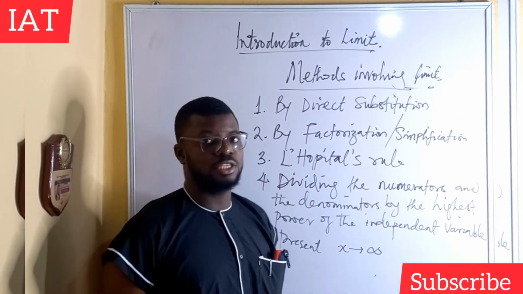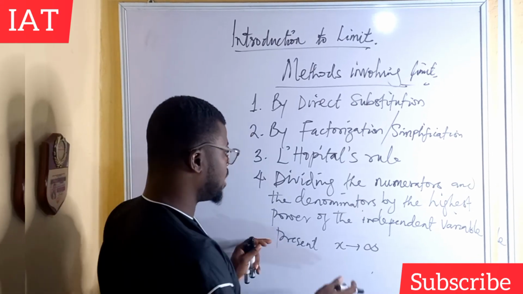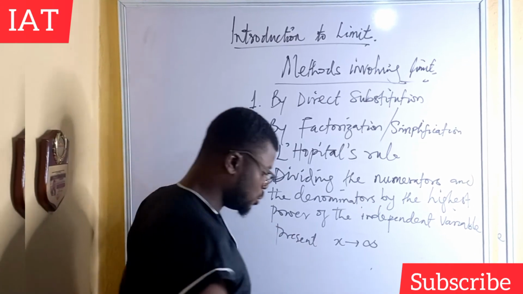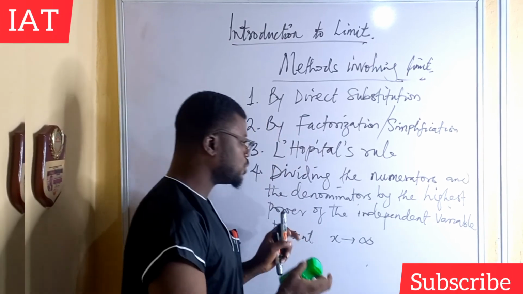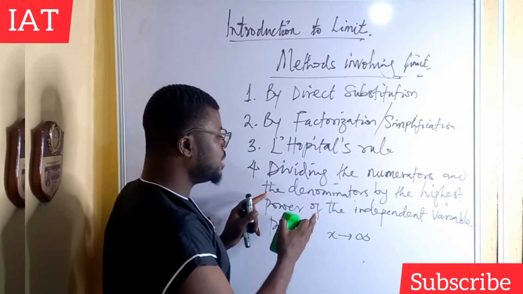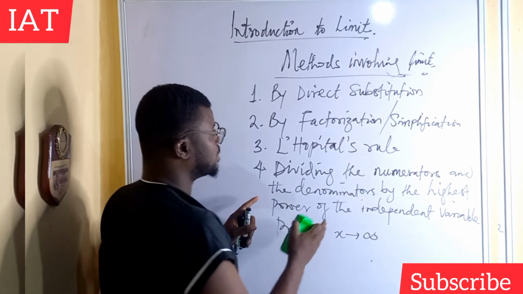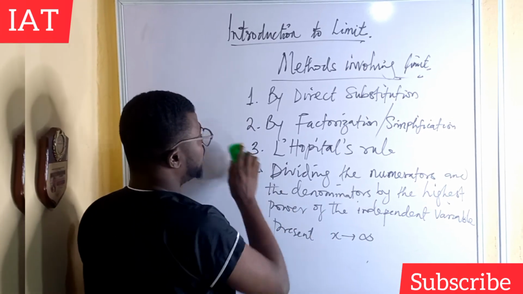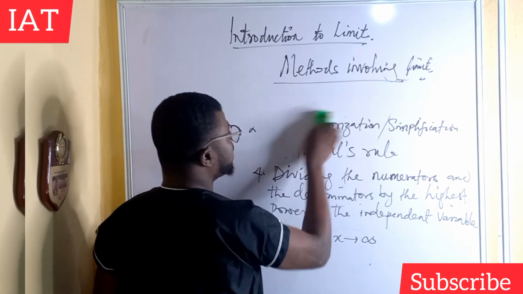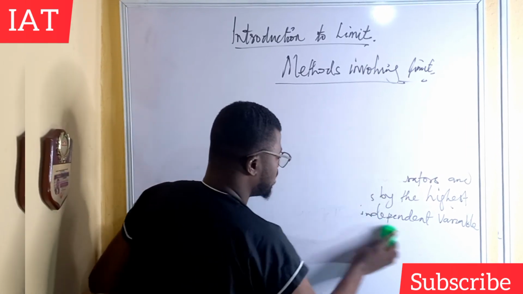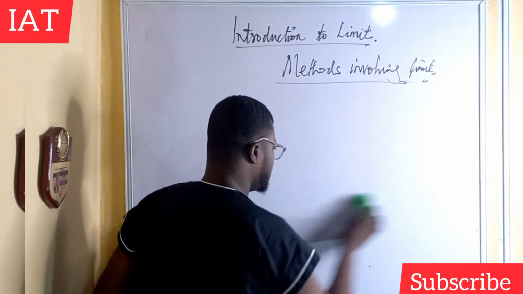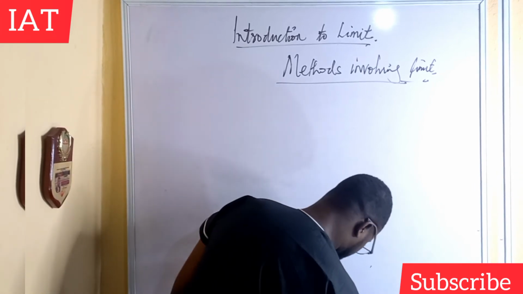That doesn't mean it is the only method you can use, but you want to try using this to solve the problem. I've also solved a problem relating to this. I will drop the link in the description so that you can see some complex problems on this method. But quickly, let's see a little problem we can use to test run.